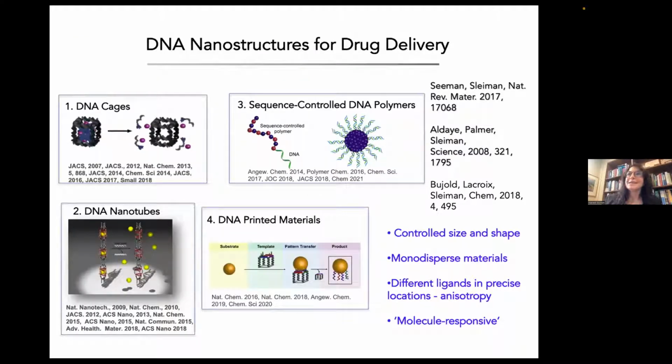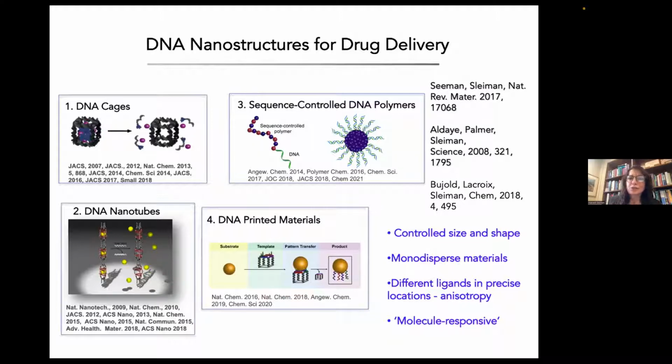So our research group, as I said, is interested in using DNA as a building block. And what we would like to do is package DNA or RNA into nanostructures, and we're going to use these nanostructures as drug delivery vehicles or as nucleic acid delivery vehicles.